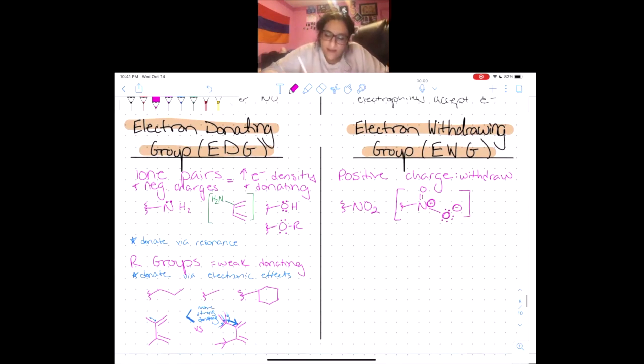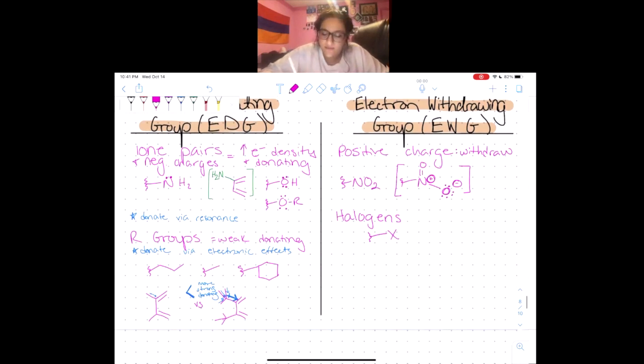We also have our halogens. So any halogen attached, chlorine, fluorine, bromine, any of those. We also have our CF3. And not a halogen, but we also have cyanide.